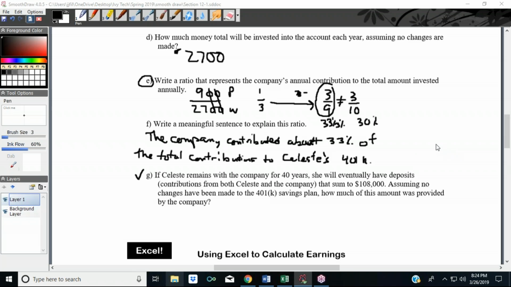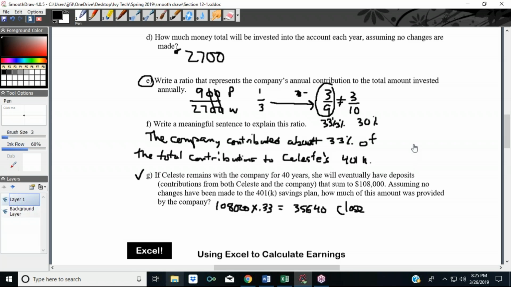Oh, thank you, Kendra. What did you do? All right, so Kendra multiplied that 108,000 by 0.33, and what did you get when you did that? 35,640. Okay. And did anybody do anything different? Because this is close to the answer, but it's not exactly the answer.